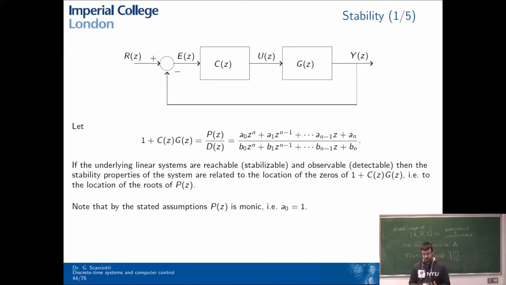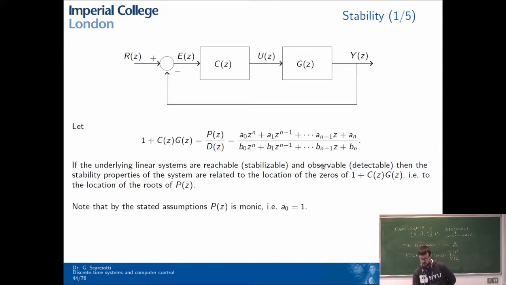For discrete time systems, the two properties are different. The fact that you can control a state to 0 does not imply that all states are reachable. So in discrete time, controllability does not imply reachability, and they are two different properties. Here, what we are asking is that the system is reachable, which is the strongest property.